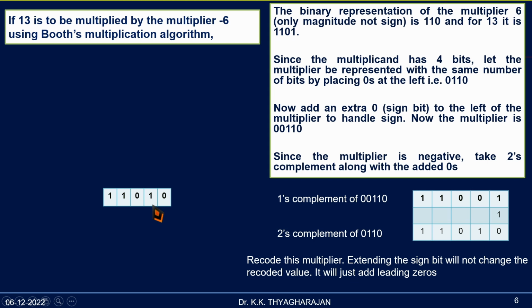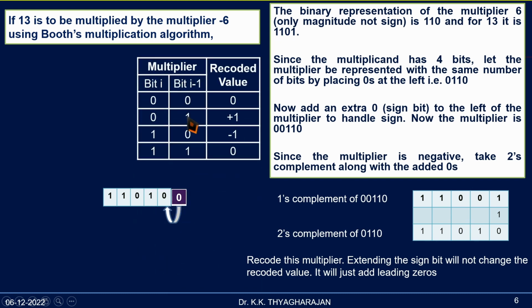Now recode this multiplier. For that, add a 0 to the right of that number. Now the 0, 0 will be recoded as 0. Now this bit is combined with this 1. So 1, 0 will be recoded as minus 1. Then 0, 1 will be recoded as plus 1.